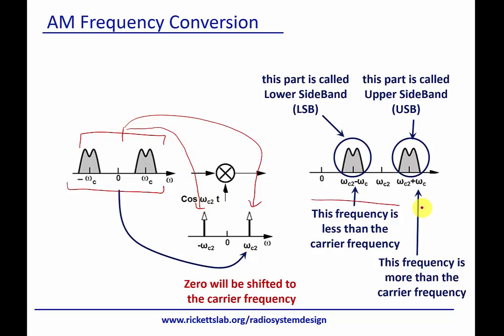But if we just look at the positive, here's the center. So this was the center that's right there, and we've got what we call an upper sideband and a lower sideband, and this is all positive frequency.